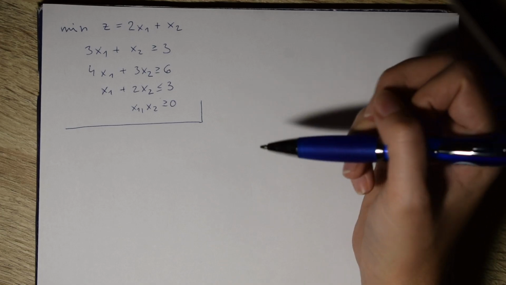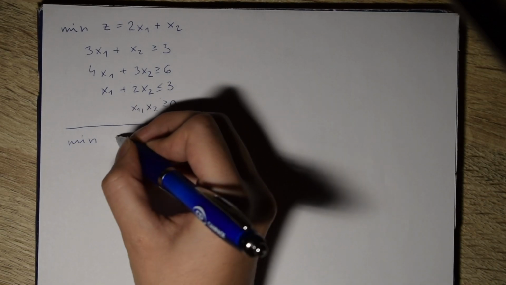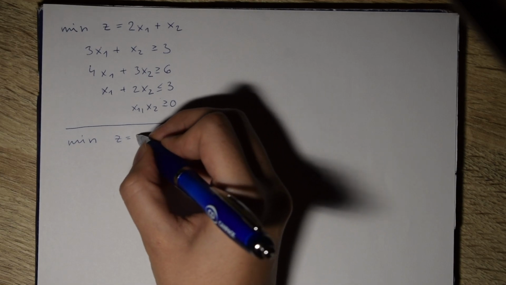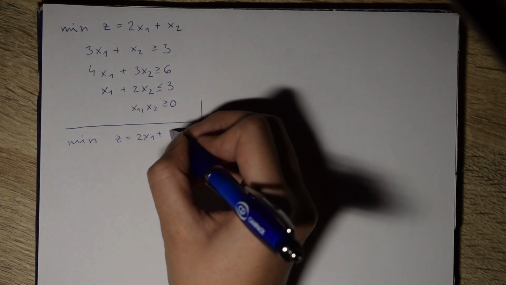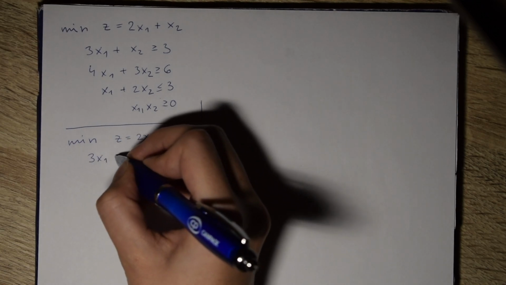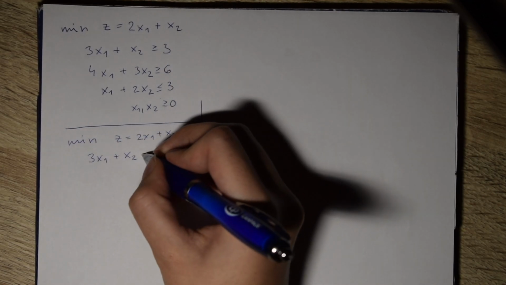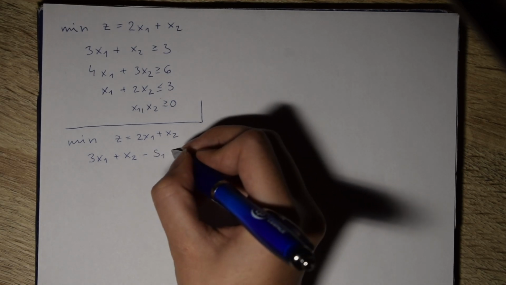We would like to have an equality, so we add temporary variables. Let us rewrite the minimization problem with temporary variables s1, s2, and s3. Here is greater than or equal, so we subtract variable s1.